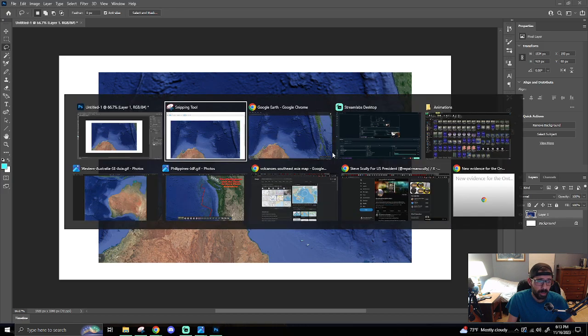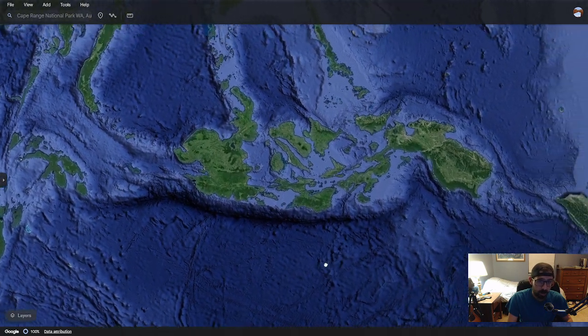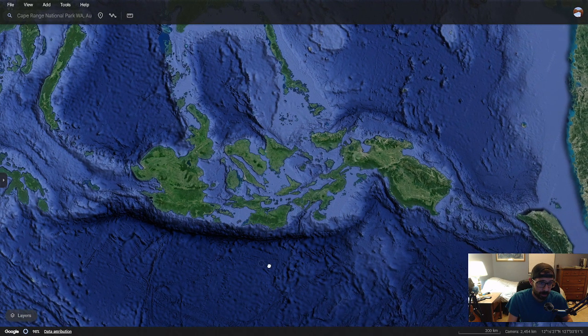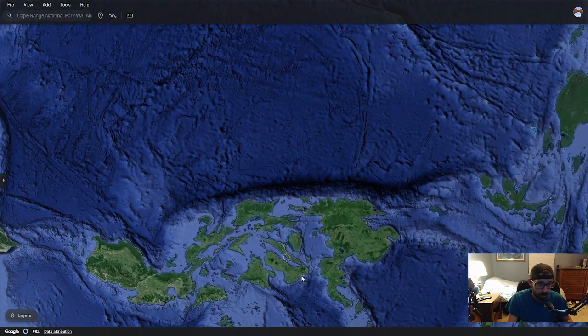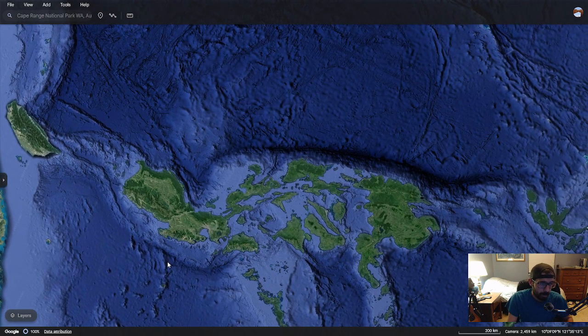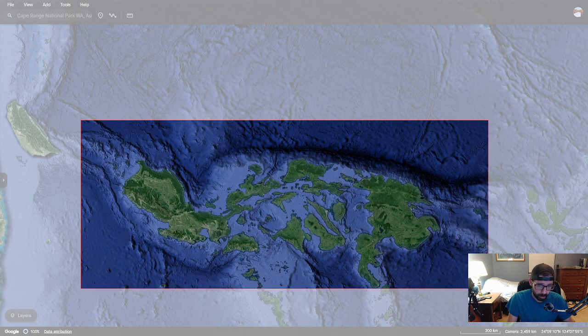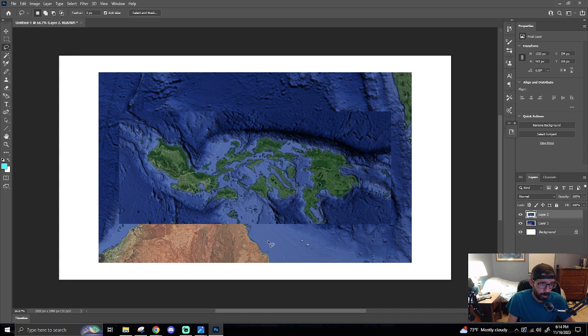Do that. And then without changing the zoom, just kind of grab the Philippines. I guess turn it this way first. Grab that over here. Real quick, lasso the Philippines, like so.